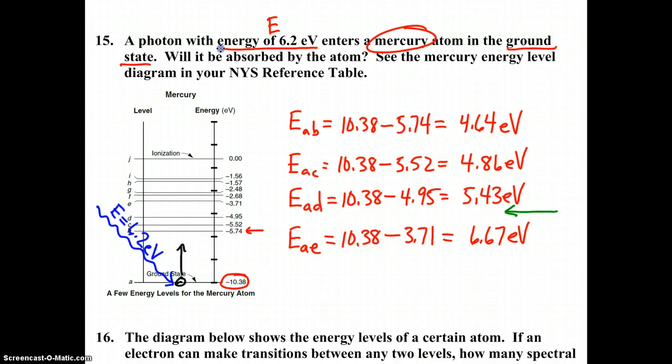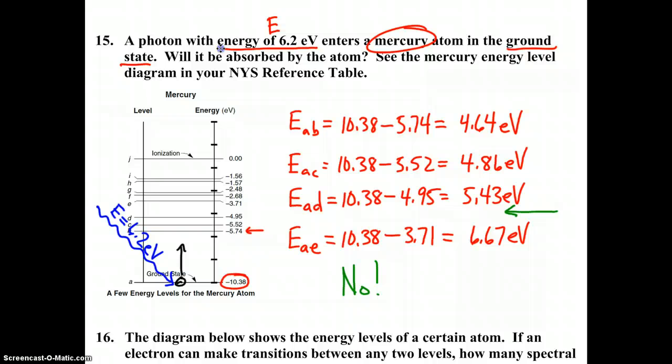What that means is that this photon cannot be absorbed. So the answer is no. Okay? The photon cannot be absorbed because it is not exactly equal to the difference between two energy level transitions. Okay? That's the answer to 15.